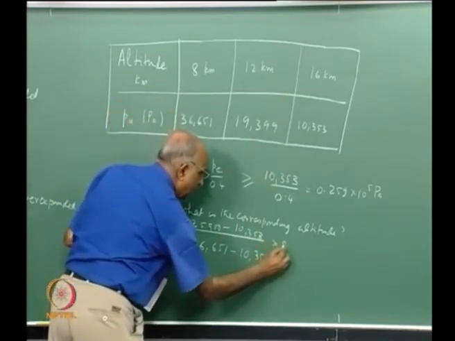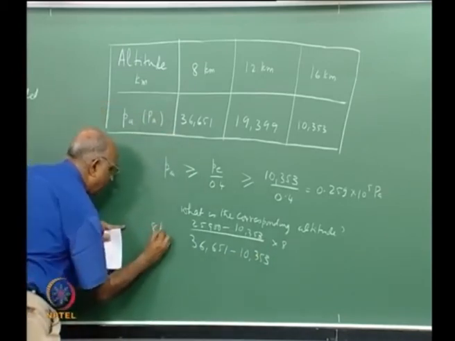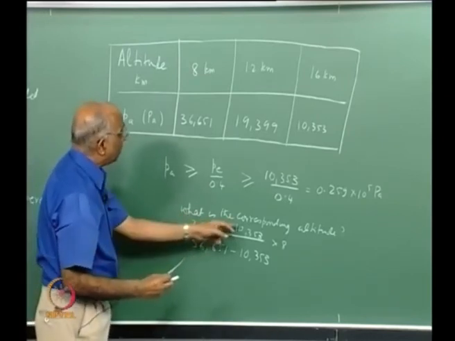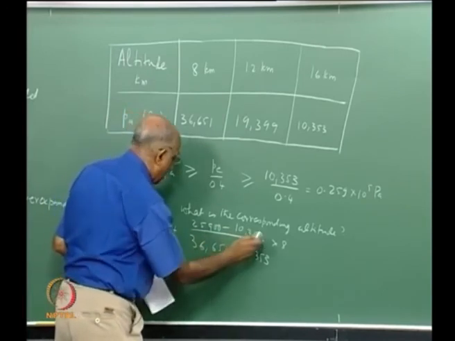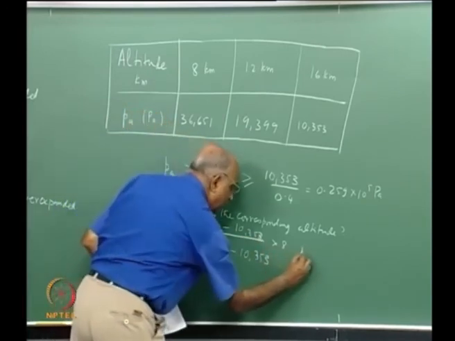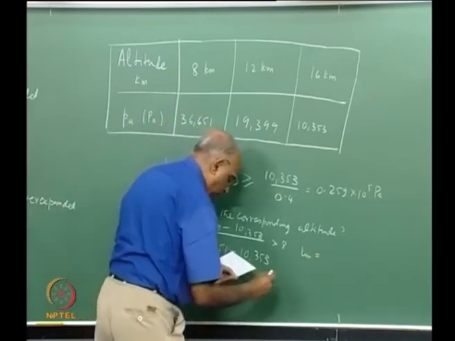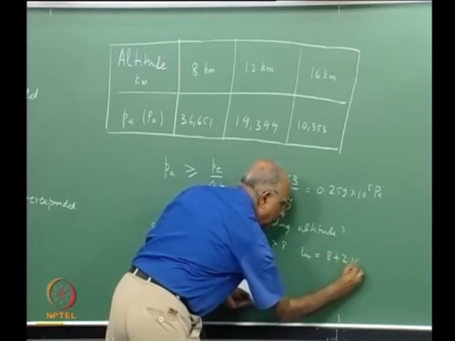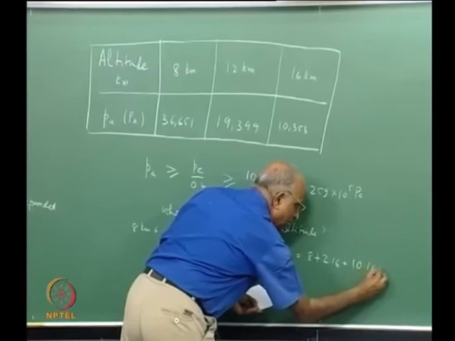Therefore, we have 8 kilometers plus this change, and this works out to be something like 8 plus 2.16, which is equal to 10.16 kilometers.